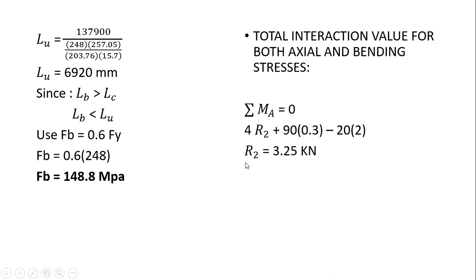So R2 is equal to 3.25 kilonewton and R1 is equal to 20 minus 3.25, so equals 16.75 kilonewton. Then the maximum M is equal to 16.75 times 2, so it is equal to 33.50 kilonewton meter.